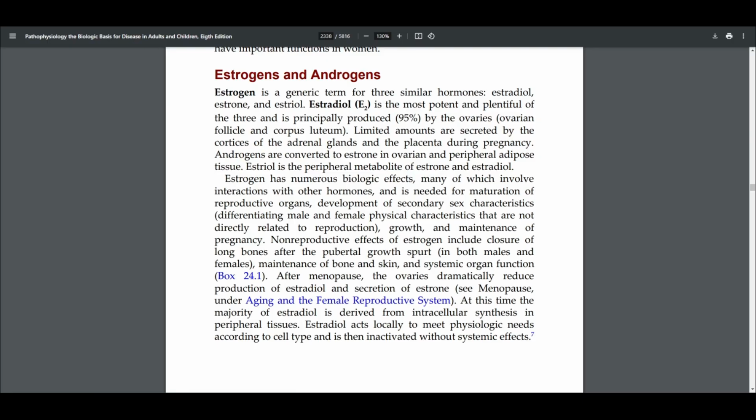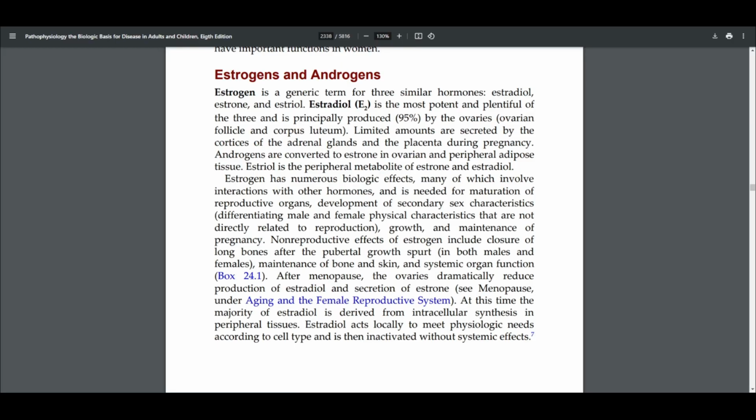Limited amounts are secreted by the cortices of the adrenal glands and the placenta during pregnancy. Androgens are converted into estrone in ovarian and peripheral adipose tissue. Estriol is the peripheral metabolite of estrone and estradiol.